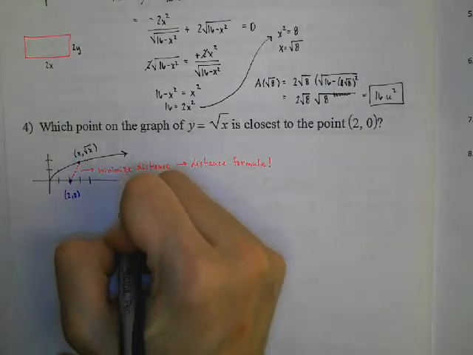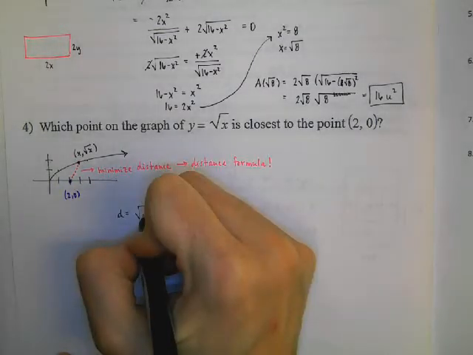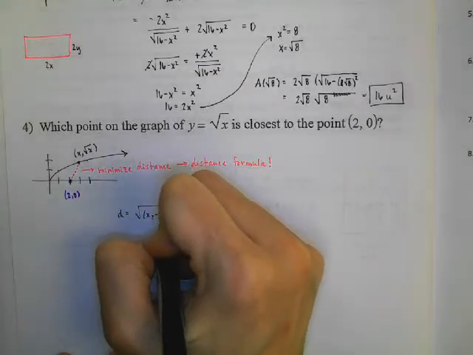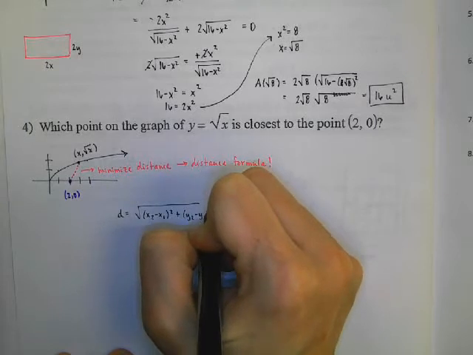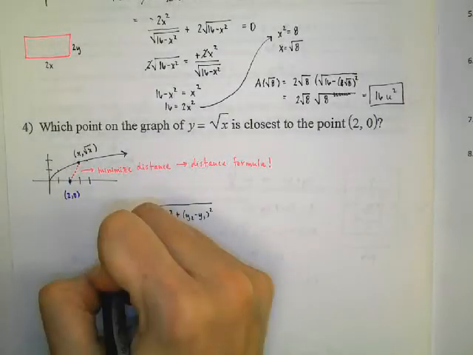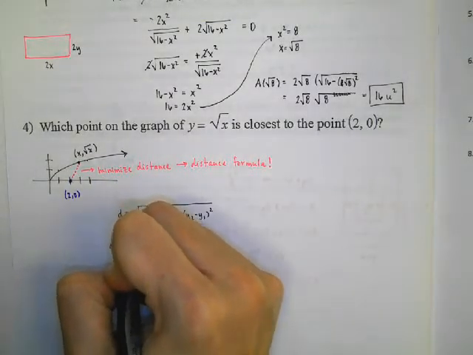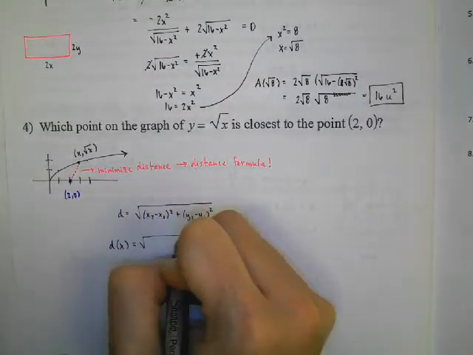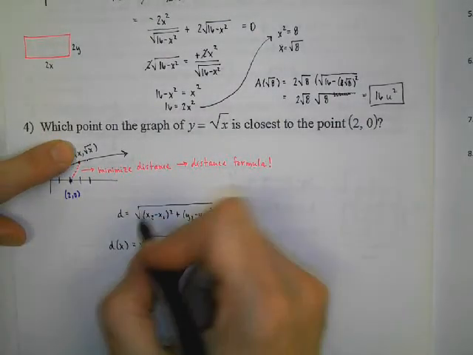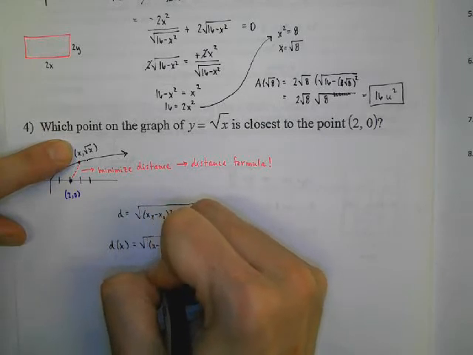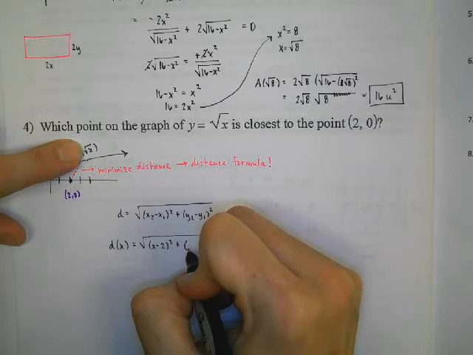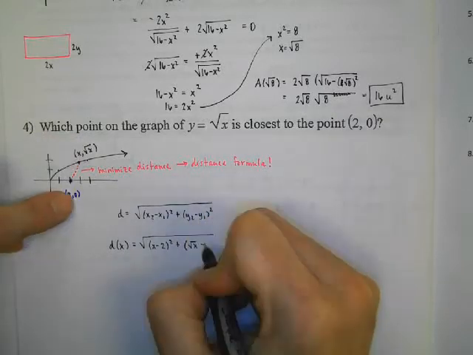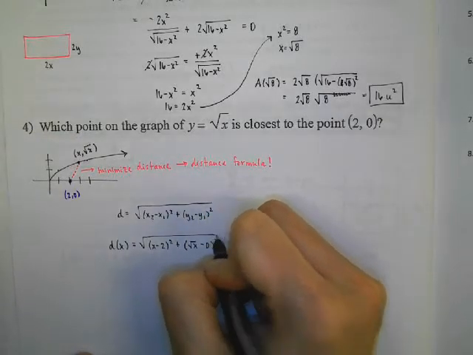So my distance formula, I know, is the square root of (x2 minus x1) quantity squared plus (y2 minus y1) quantity squared. So in our case, our distance formula in terms of x is just going to be x minus 2 squared plus, if I look at my y values, square root of x minus 0 squared.